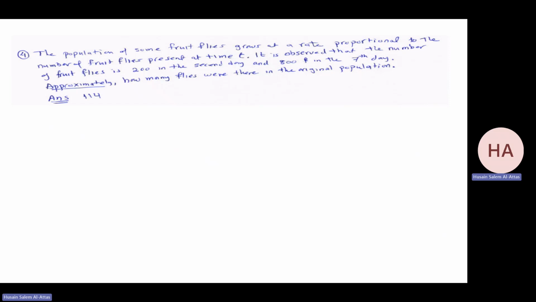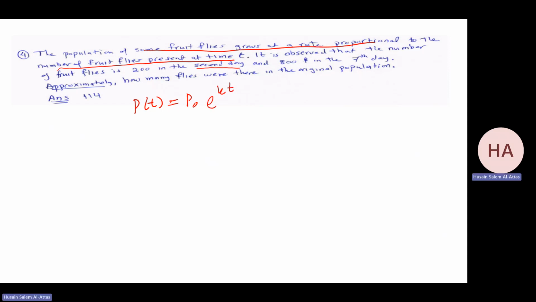Question of fruit flies, proportional to this. This means what? P of t equals P0 e^(kt). That the number of fruit flies is 200 on the second day. He did not tell me what it will be.